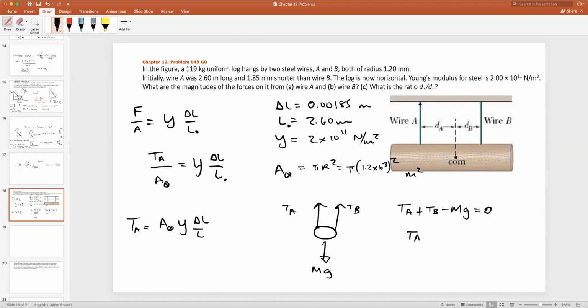So TA plus TB is equal to mg, and TB is equal to mg minus TA. So once I do that, I can get TA right here, I can get TB right here, and the only thing left is what is this ratio of dA to dB.